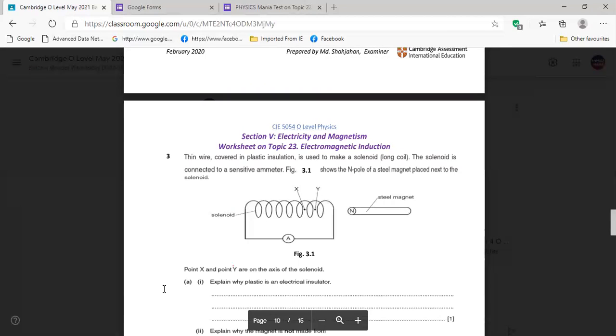When the magnet is moving, we are having induced EMF, right? Yes, sir. If the magnet is moving, then there is induced EMF. If there is induced EMF, there is current also.